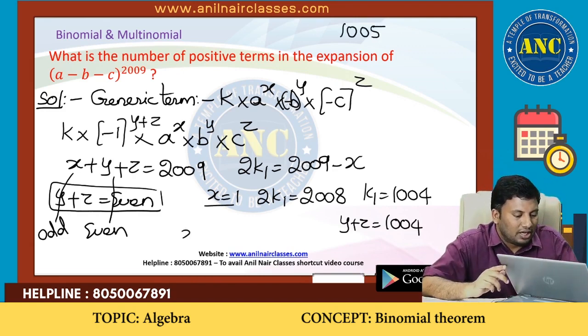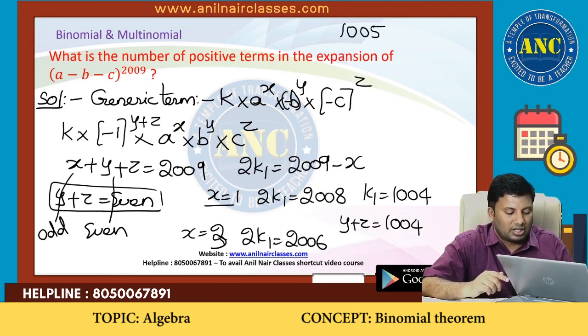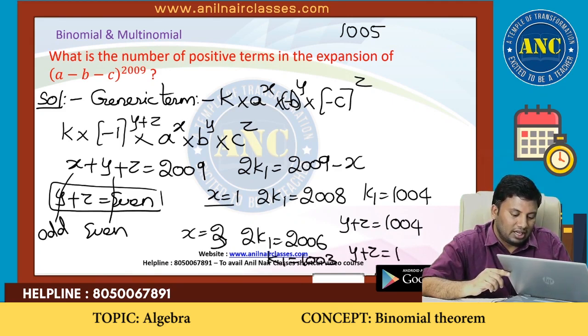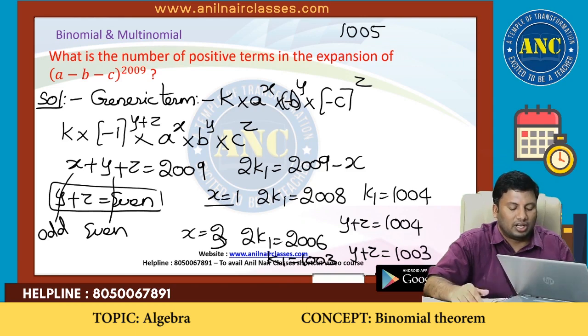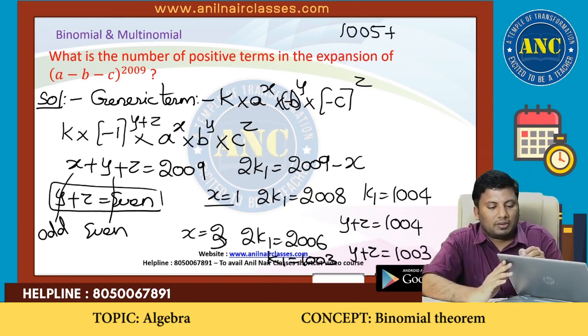First value. If x is 1, odd number, right? 2 cannot be taken. 3. 2k1 equals 2009 minus 3, 2006. So k1 is nothing but 1003. Y plus z is nothing but 1003. 1003 plus 2, 1005, which is nothing but 1004.